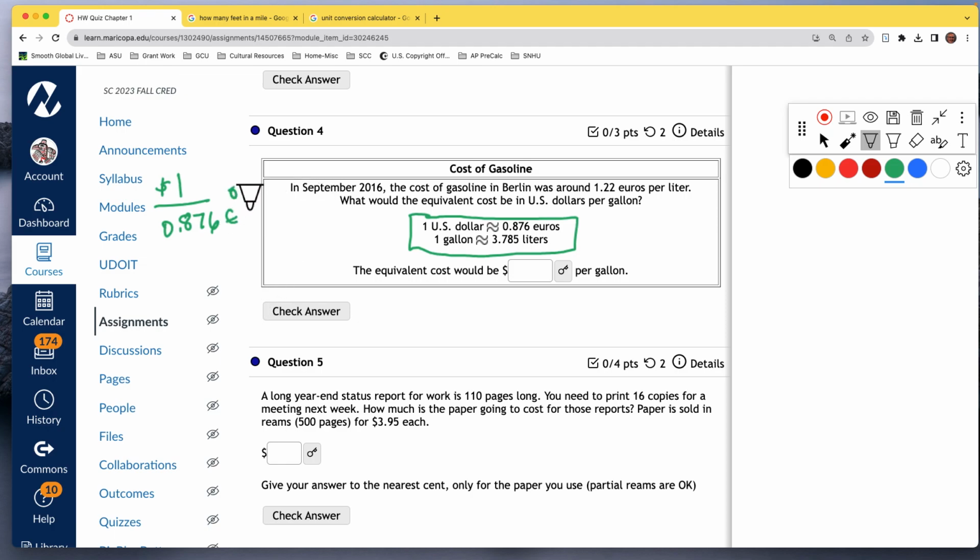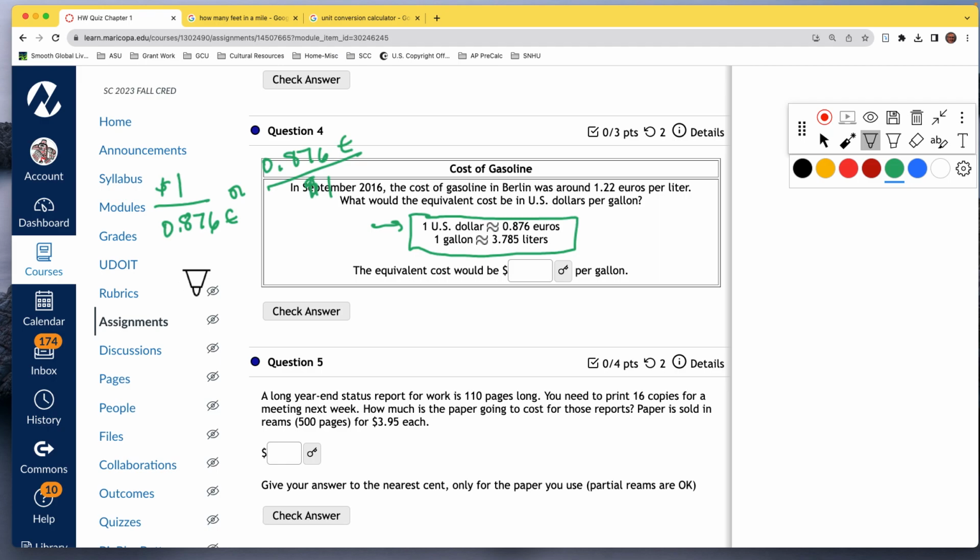Or the other fraction we could get, 0.876 euros divided by $1. So remember, those are the two fractions it gives me. I looked for the top one where I've got two things that are equal. It's one divided by the other, or the other, the flip. So we'll see. And then for gallons to liters, the same thing.